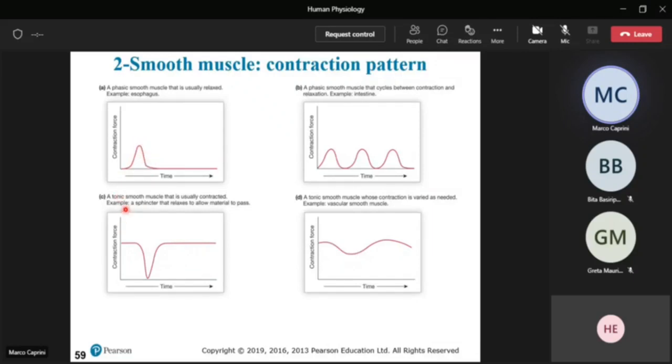What is the difference between the phasic smooth muscle and a tonic smooth muscle? A muscle that is tonically contracted is usually, continuously contracted. You can see here the example in C. A sphincter that relaxes to allow the material to move.